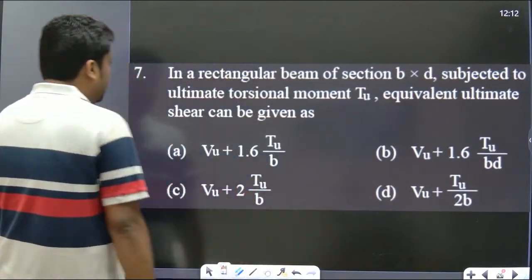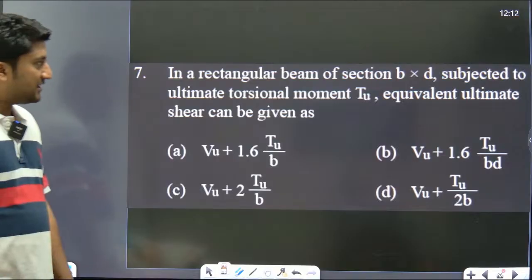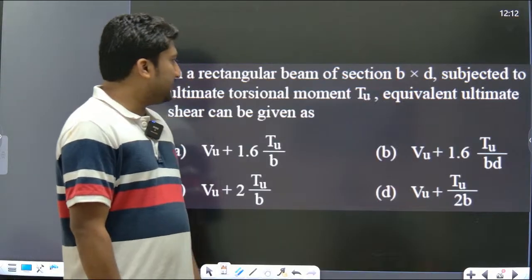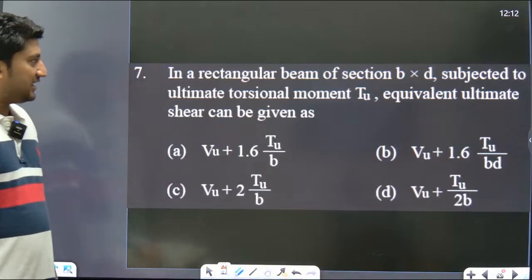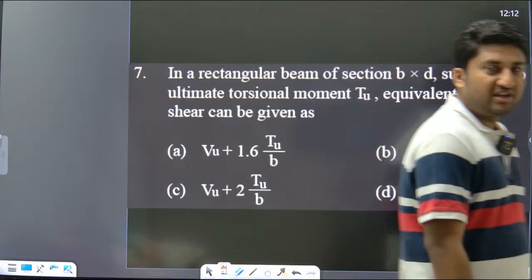Answer this question. In a rectangular beam of section B into D subjected to ultimate torsional moment TU, equivalent ultimate shear can be given as.